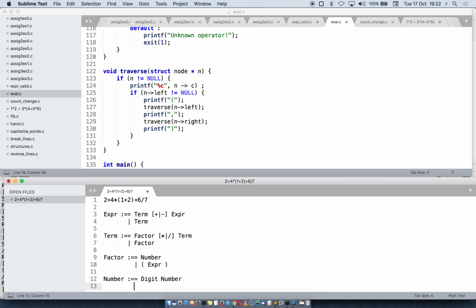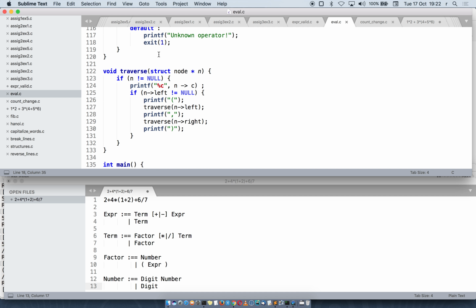Or simply digit. Right? So let's write a function that works exactly the same way, right? So it accepts a digit, it consumes a number from the input, and leaves the current character on the position that follows immediately after the number, right?